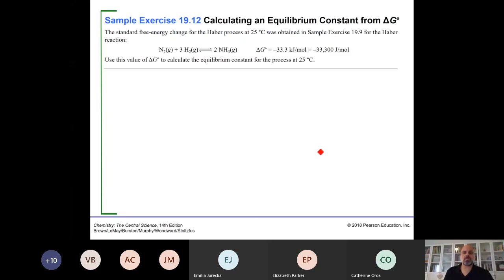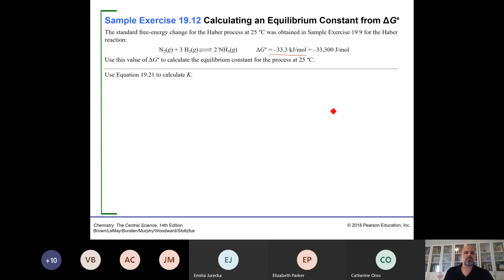So how can we apply this? Calculate an equilibrium constant from delta G. The standard free energy change for the Haber process at 25 degrees Celsius was obtained in exercise 19.9. We got delta G naught equals minus 33 kilojoules per mole. You're going to use this delta G naught to calculate the equilibrium constant for the process at 25 degrees Celsius.